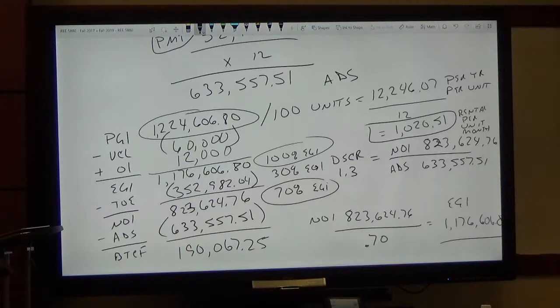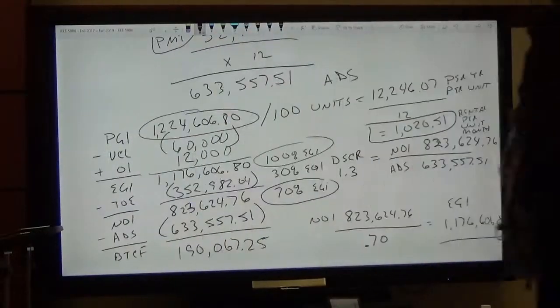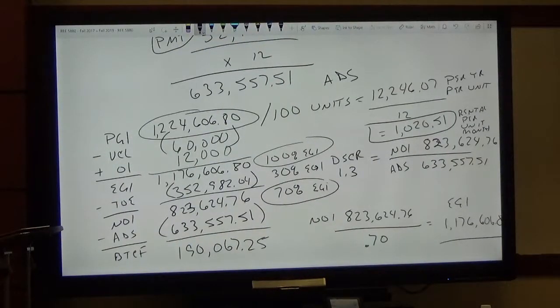In this case, we're in essence saying, if this represents the whole, then the base amount needs to be 1.1 times less than that.